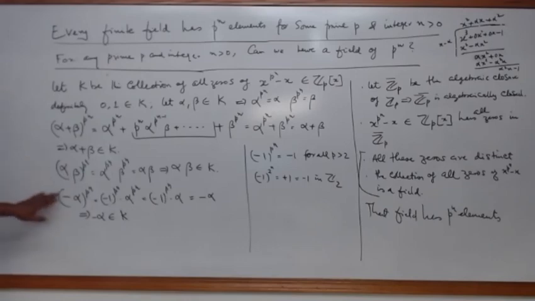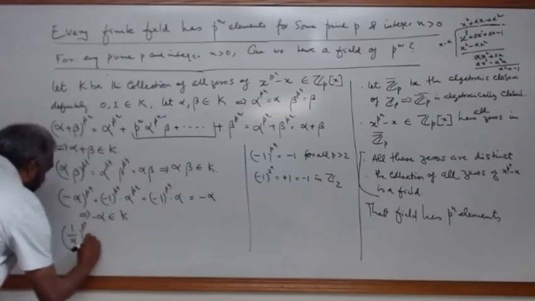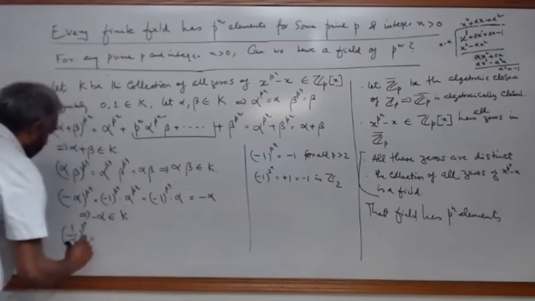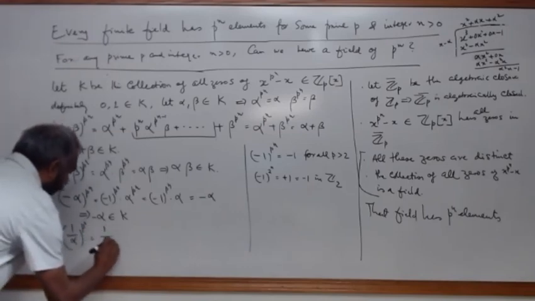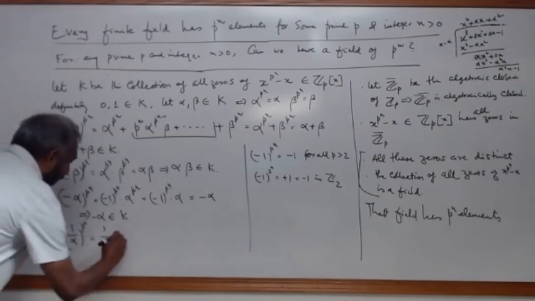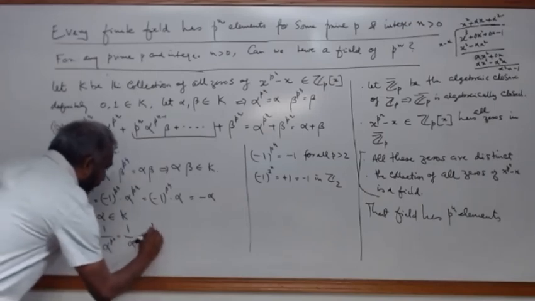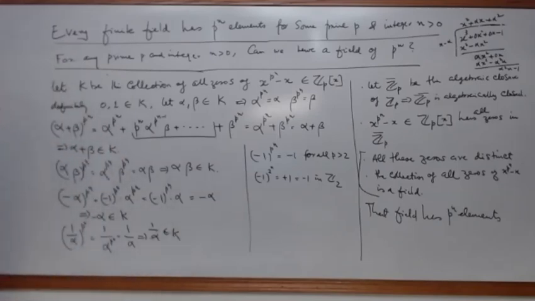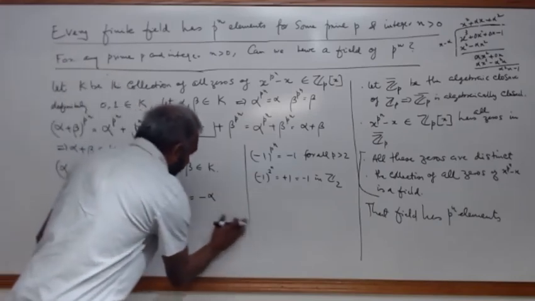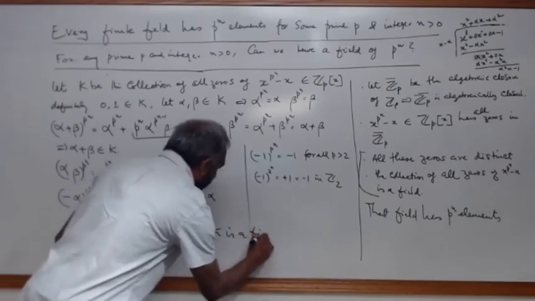Now we have one more thing to prove. 1 by alpha to the power of p to the power of n is equal to what? 1 by alpha to the power of p to the power of n is equal to 1 by alpha, and that implies 1 by alpha belongs to K. And that shows that K is a field.